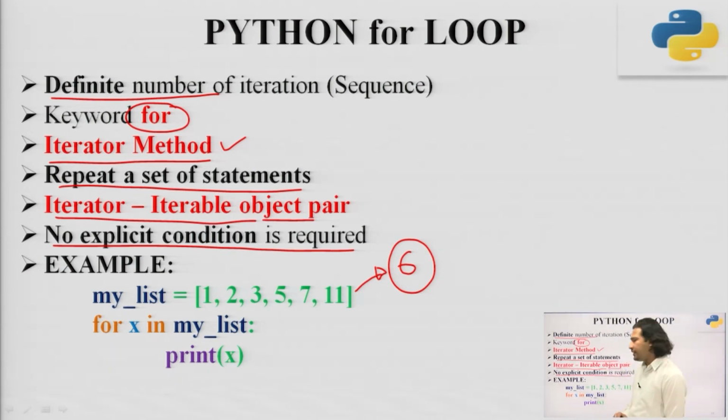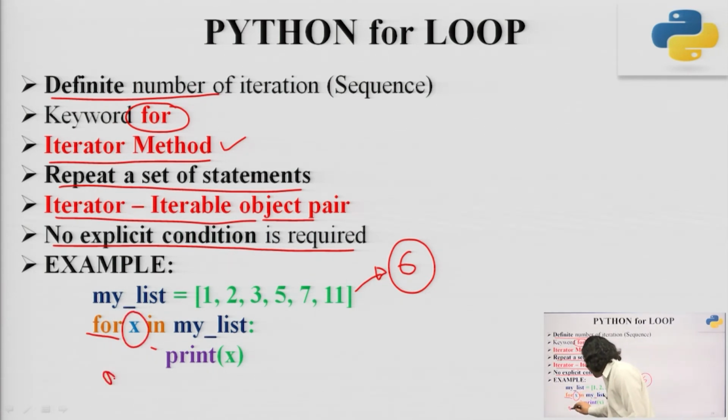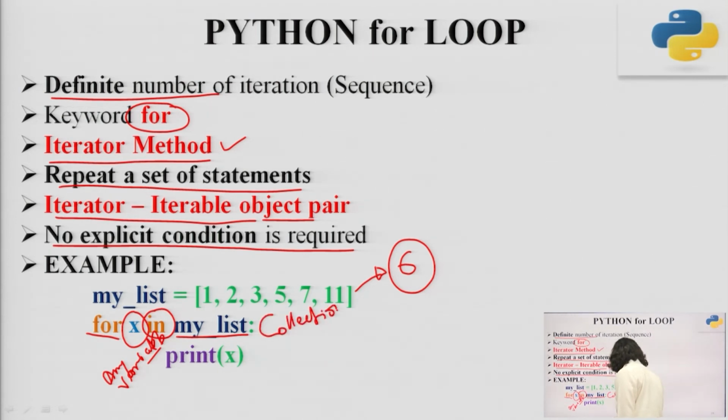And look at the syntax. Very first is the keyword for followed by a variable, any variable. Just like an indexing variable, it is very similar to an indexing variable. You need to define an extra variable, followed by in, followed by a variable which holds a collection of data.